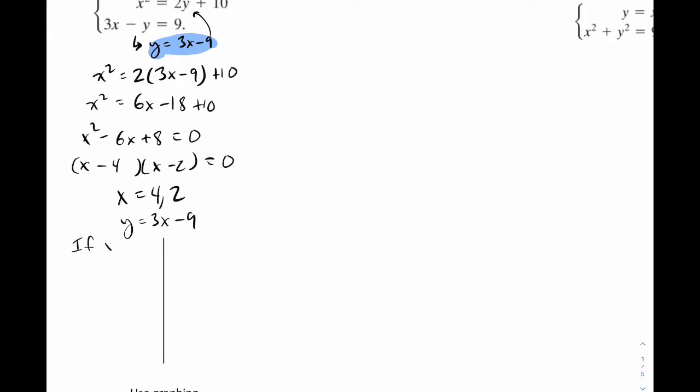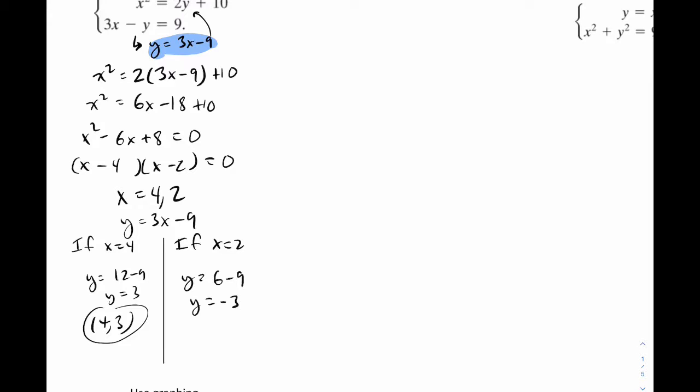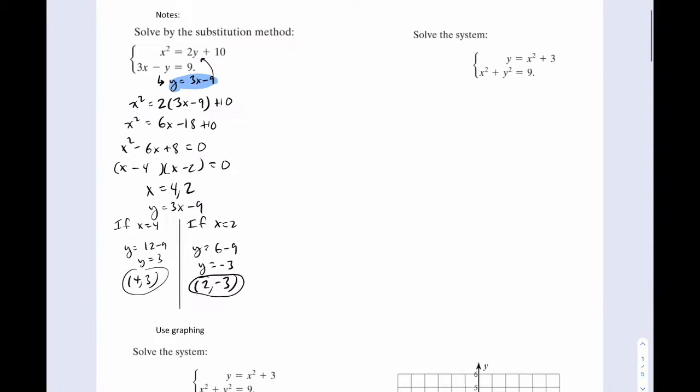So if x is 4, let's plug it in, y would be 12 minus 9, so it's 3. So the point should be 4 comma 3, so there's 1 point. If x is 2, y would be 6 minus 9, which is negative 3, so the point would be 2, negative 3. So those are the two answers there.